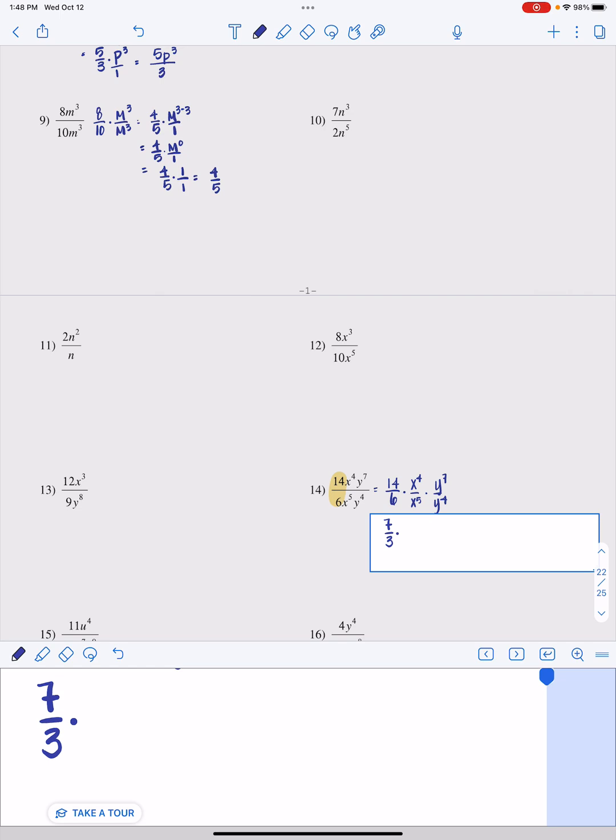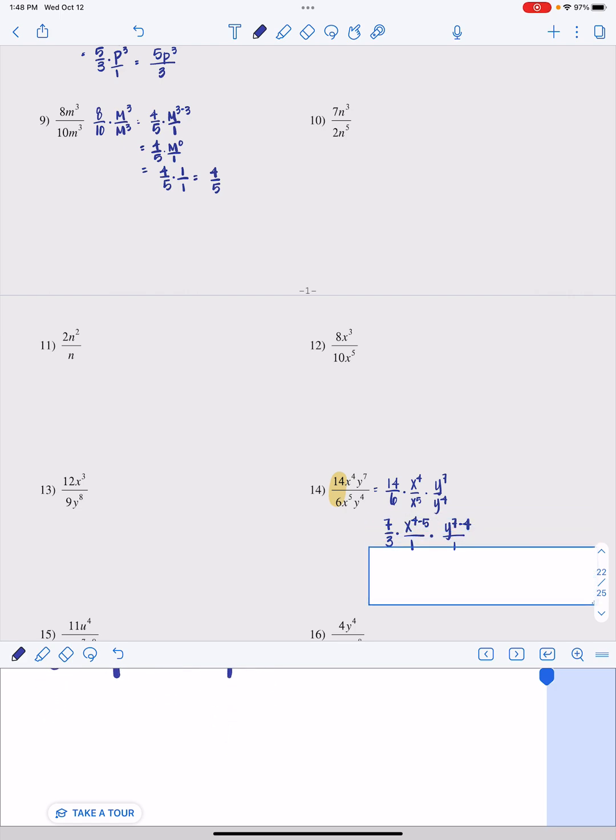This becomes x to the 4 minus 5 and y to the 7 minus 4, because we're still doing top minus bottom. So I get 7/3 times x to the negative 1 over 1 and y cubed over 1.